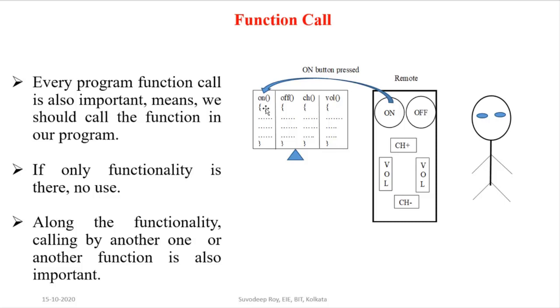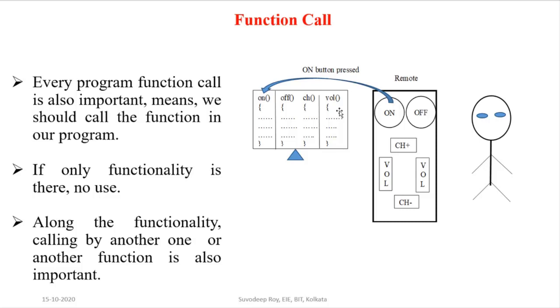Say the on function, another function is off to turn it off, another is changing the channel, another is to increase or decrease the volume. These programs are there in the TV software or hardware. If no one uses or calls these functions, there will be no result. Someone external should be there to call that function.